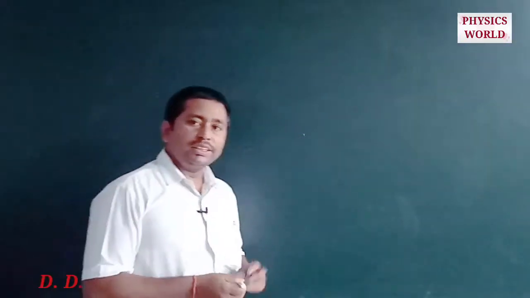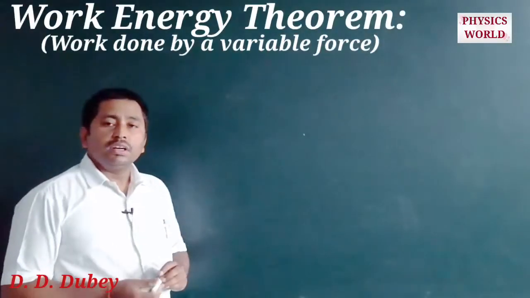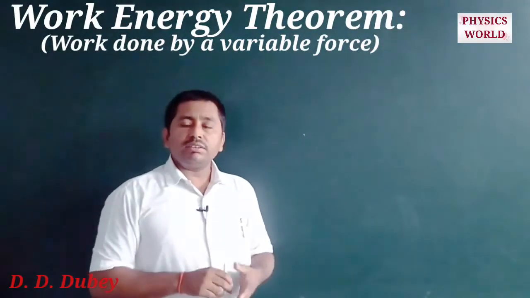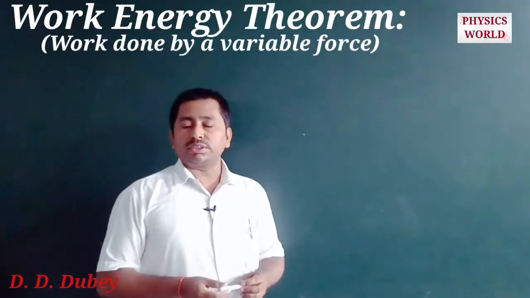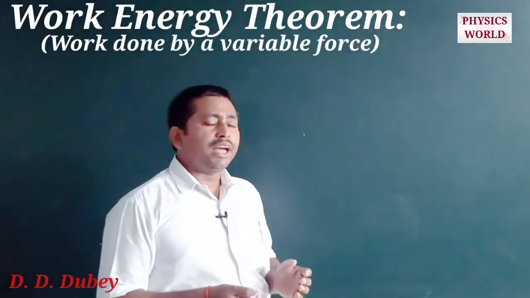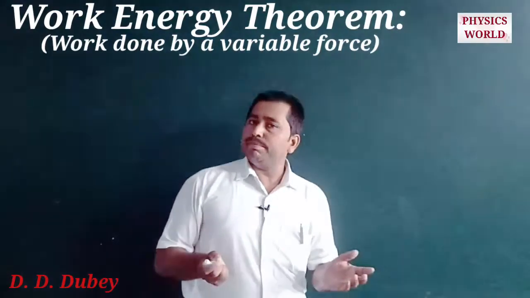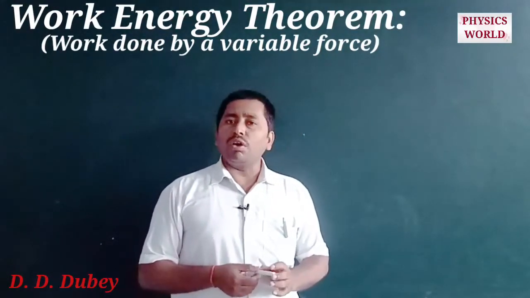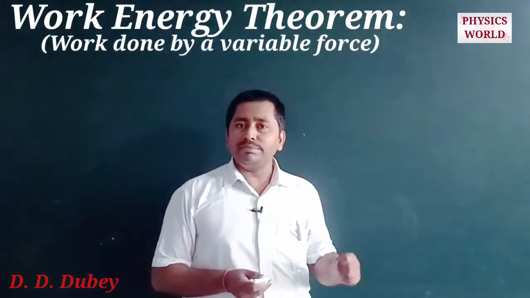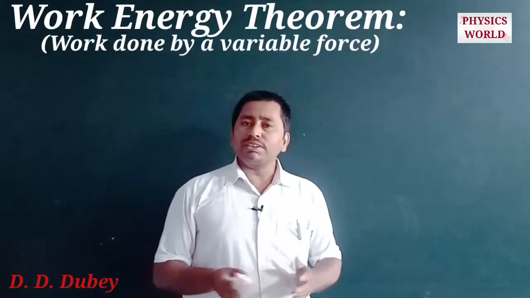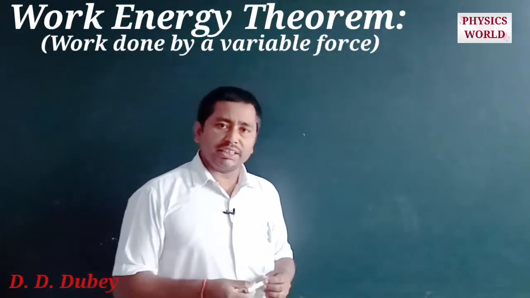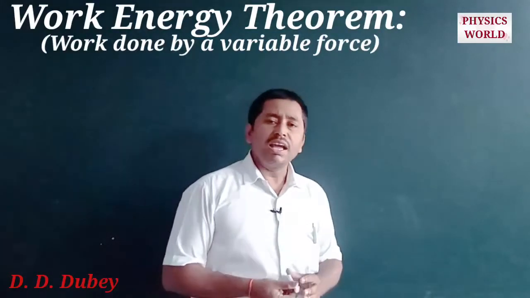Hello students, let us start our discussion about the work energy theorem when the work is done with the help of a variable force. Suppose that we have an object of mass m kilogram moving initially with a velocity of vi meter per second, and after some time the object attains a speed vf meter per second.